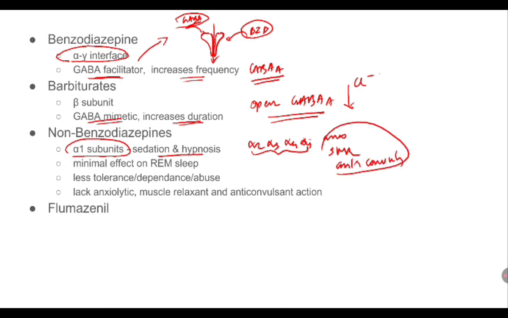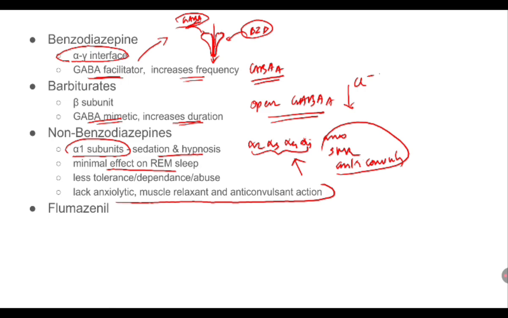All these actions are dealt with by the other alpha subtypes. So these non-benzodiazepines are devoid of all these actions, and have minimal effect on REM sleep, with less tolerance, dependence and abuse liability. They lack anxiolytic, muscle relaxant, and anticonvulsant action, because they don't have action on other alpha subtypes.